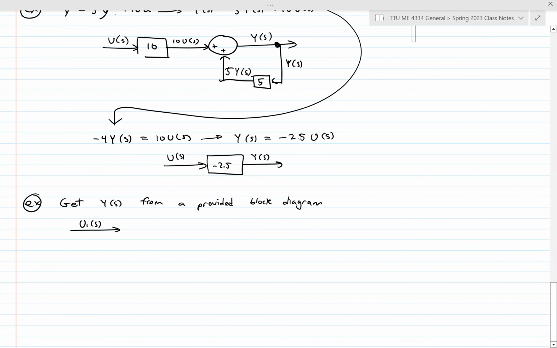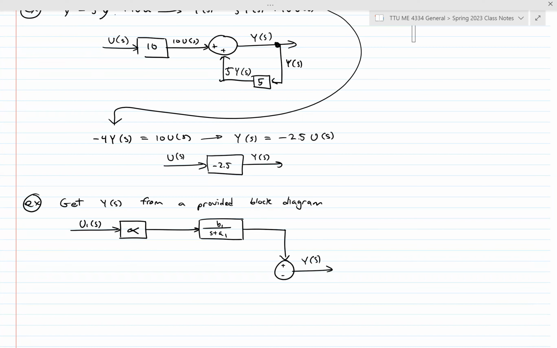So we have u1 is multiplied by some sort of constant alpha. And then that is going into a transfer function b1 over s plus a1. That's going into a summer that's eventually going to produce y for us.